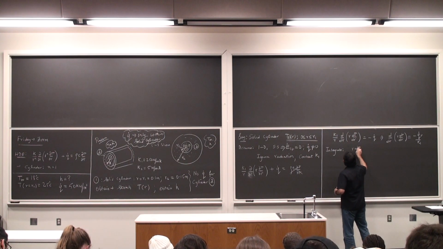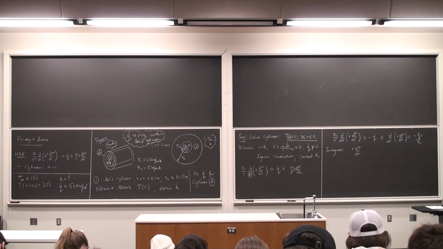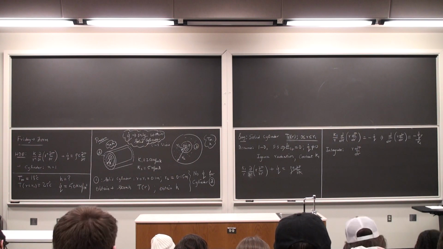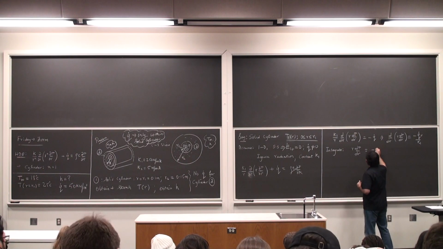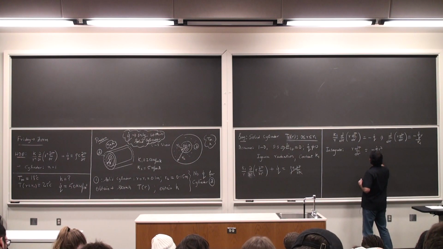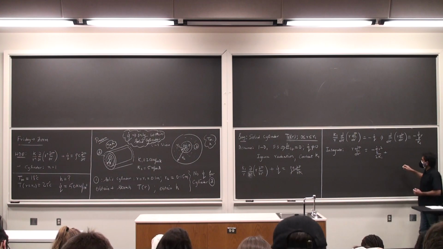The d by dr term vanishes because I do the integration on the left hand side with respect to dr. On the right hand side I have a linear function of r, so it becomes a quadratic. So this is R dT by dr equals minus Q dot r squared over 2K1, plus a constant as we follow along.